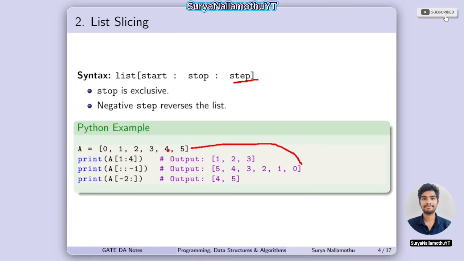The remaining elements are 4 and 5. At the ending it is minus 1 and then minus 2. That way it will start. So the minus 2 value is 4. It is the starting element. That's why we included the minus 2. And the empty is because there is nothing available. So minus 2 to minus 1 is the answer. So 4 and 5 is the answer. That's why we included that term.